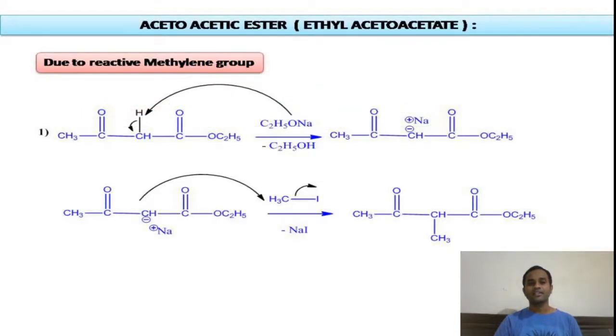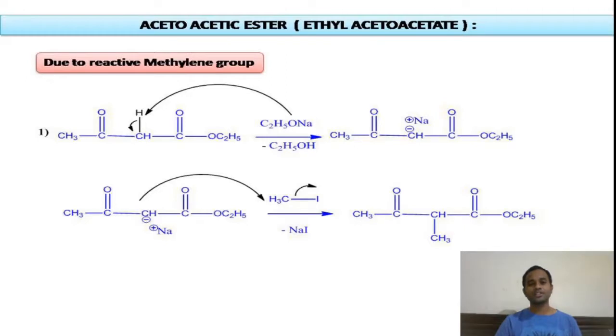In the previous class, we have covered this, that is reactions of acetoacetic ester due to the presence of active methylene group. Just now I told you that acetoacetic ester is an important tool in the hands of synthetic organic chemists.